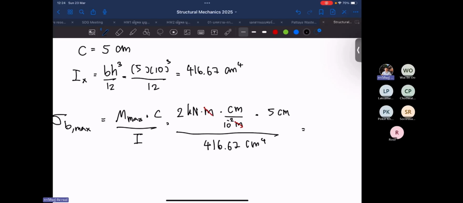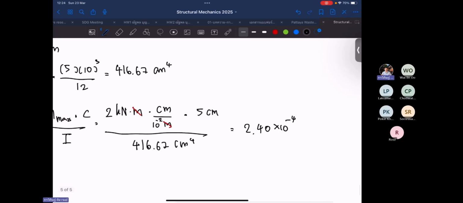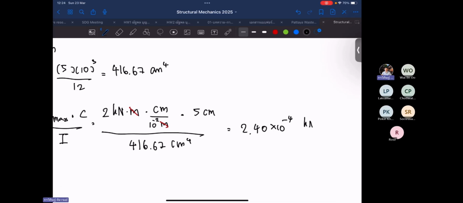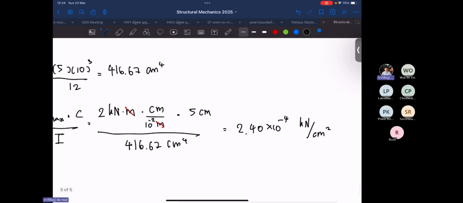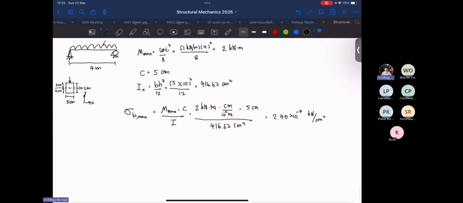Then 2 times 100 multiplied by 5 divided by 416.67 equals 2.40 times 10 to the minus 4... kilonewton per square centimeter. Like this, we can get the bending stress of this beam.